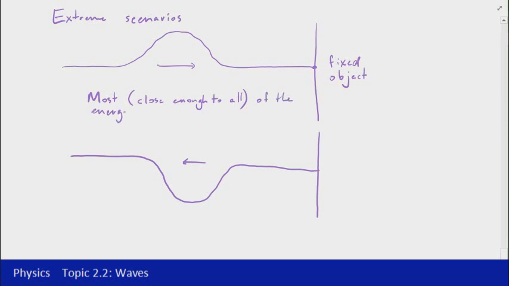Because it's attached to a wall, there would be some sound and heat potentially being produced, but we're going to ignore that and treat it as being negligible, and say that most of it, close enough to all of it, will be reflected. And it will be inverted due to Newton's third law. So there's the extreme example of a rope attached to a fixed object.